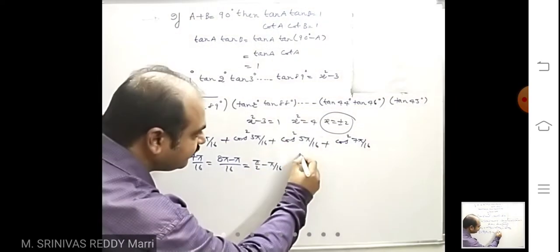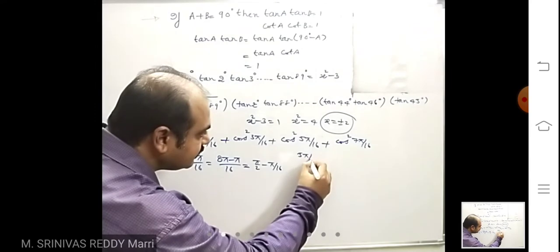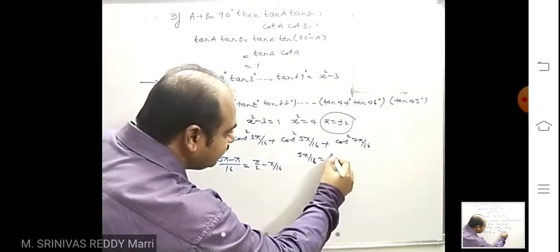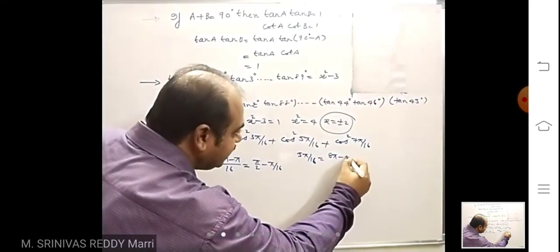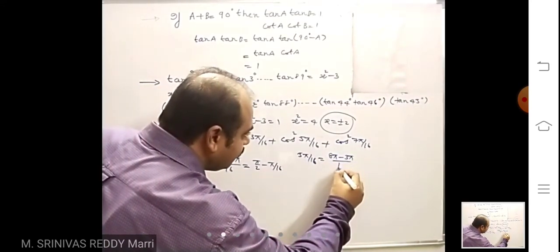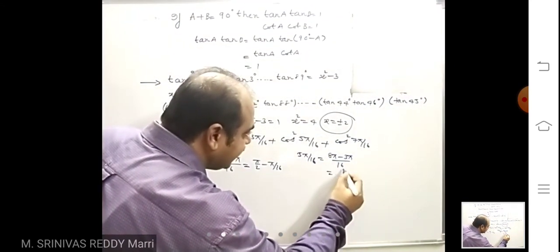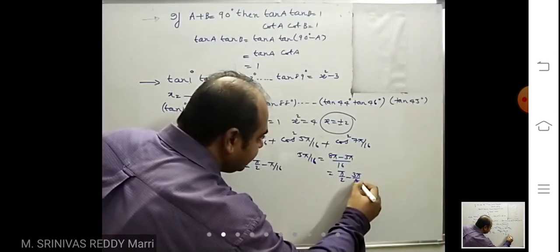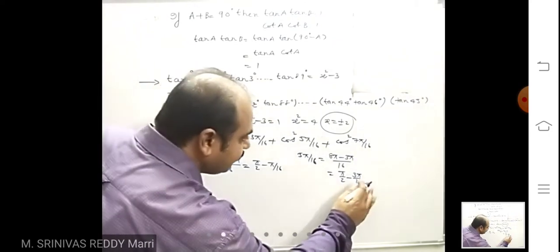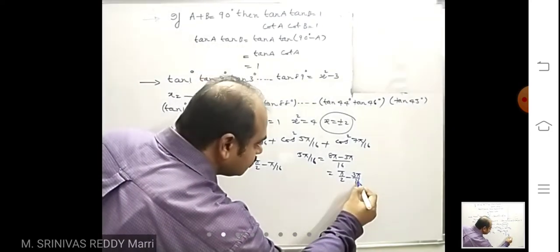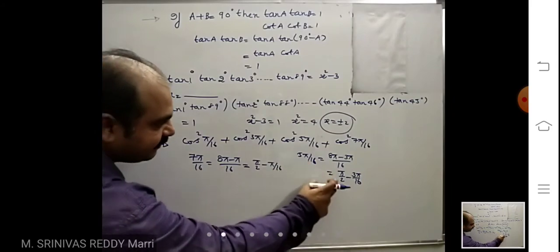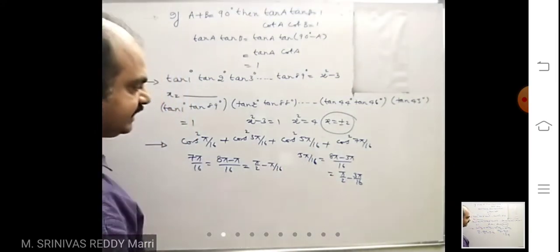Similarly, if you take 5 pi by 16, 5 pi can be written as 8 pi minus 3 pi, by 16. 8 pi by 16 means pi by 2 minus 3 pi by 16. That means 5 pi by 16 can be written as pi by 2 minus 3 pi by 16.